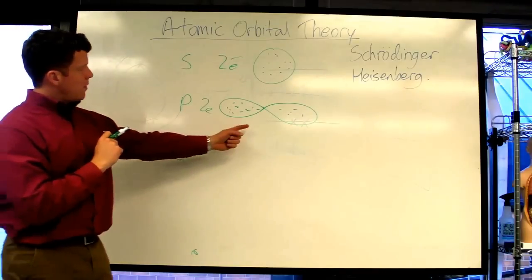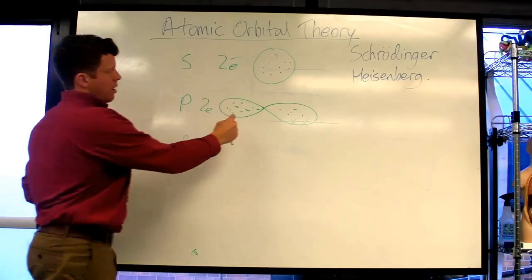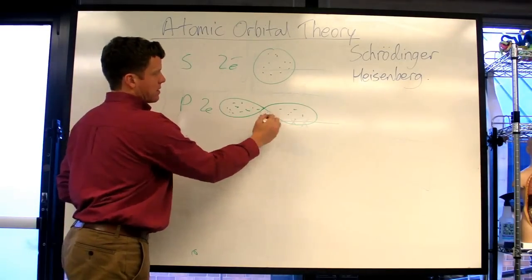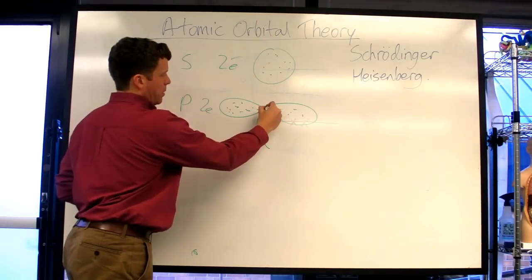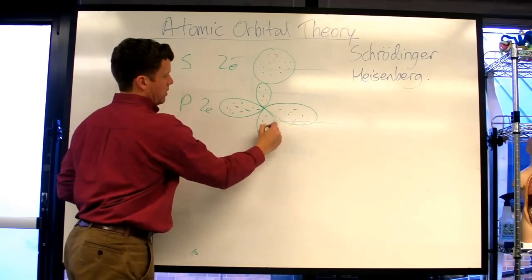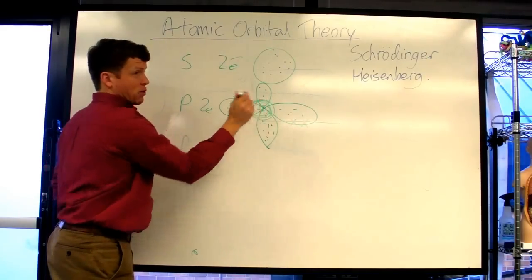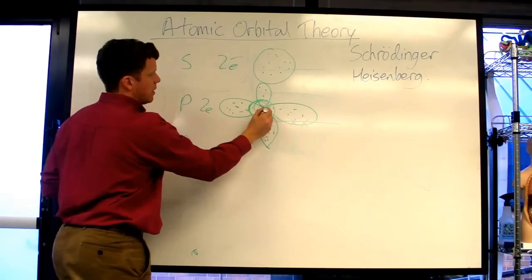So the p orbitals can arrange around a nucleus. If you imagine that this is the x-axis, you can get another p orbital on the y-axis, and then another coming out towards you on the z-axis.